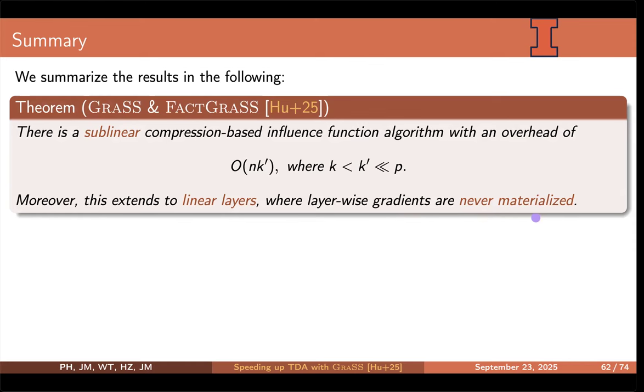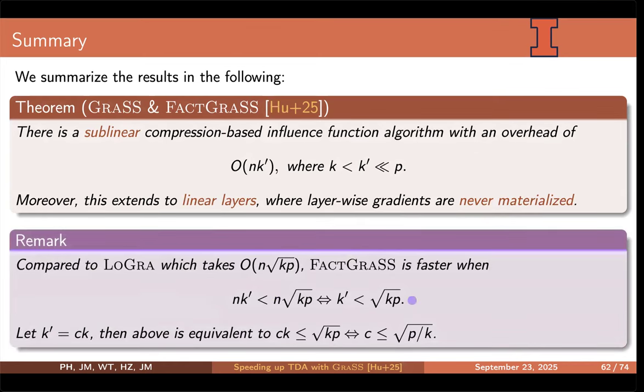If you care about the comparison between FactGraSS and LoGra, we provide a small analysis here. Basically, this means in any practical scenario, our FactGraSS is faster than LoGra. All this is saying is that K prime can be very large and we can still be faster than LoGra.